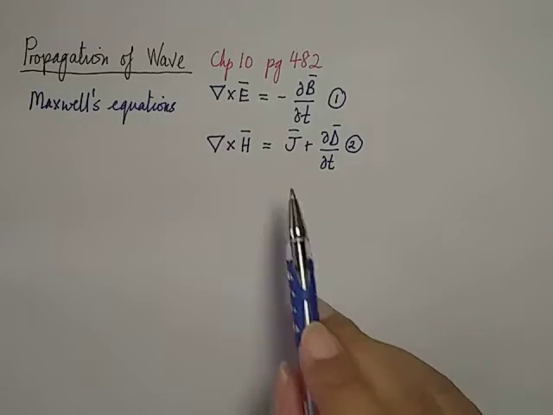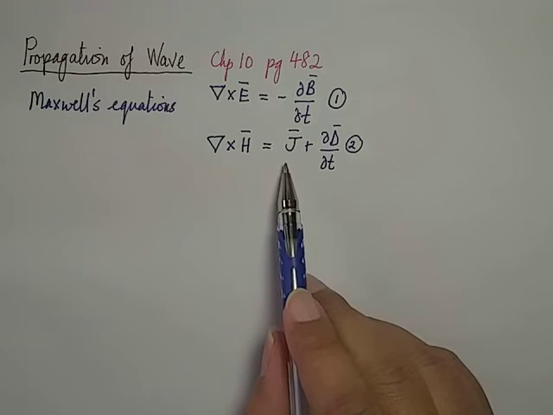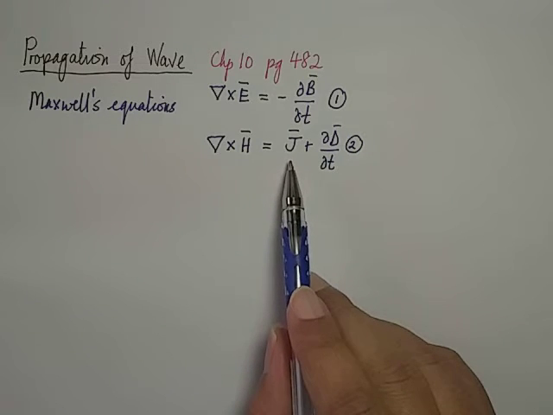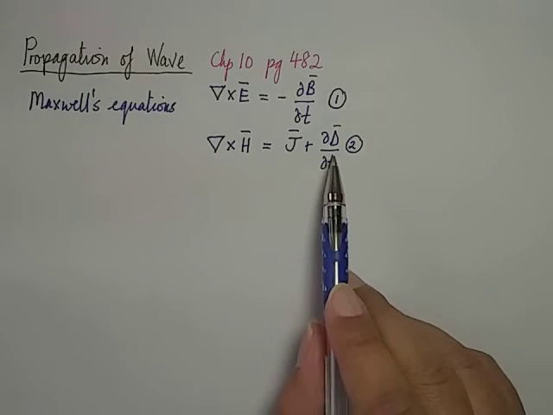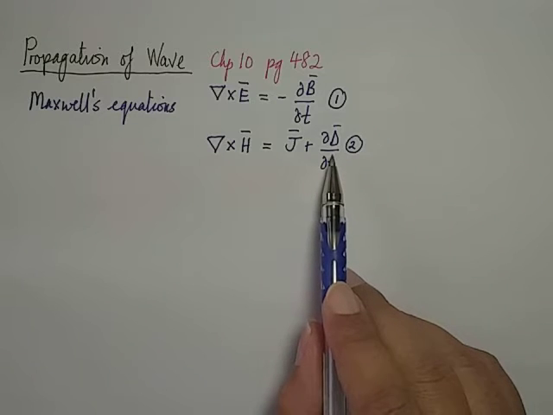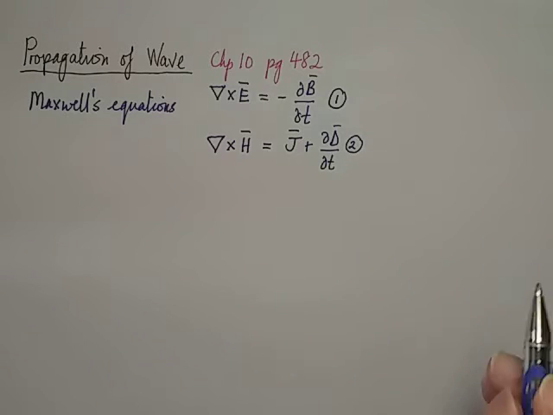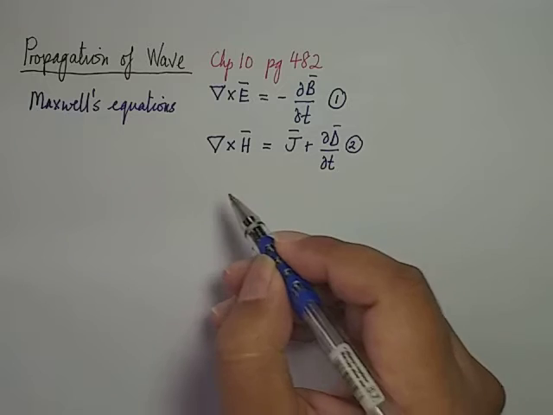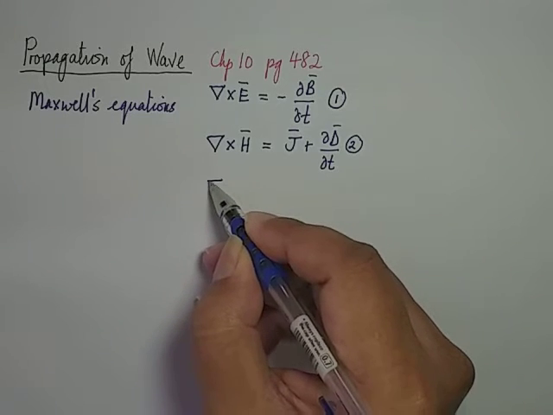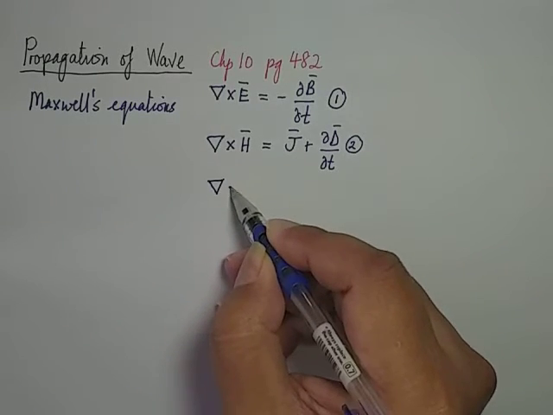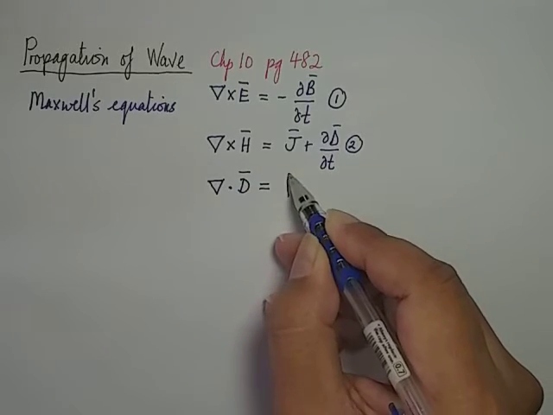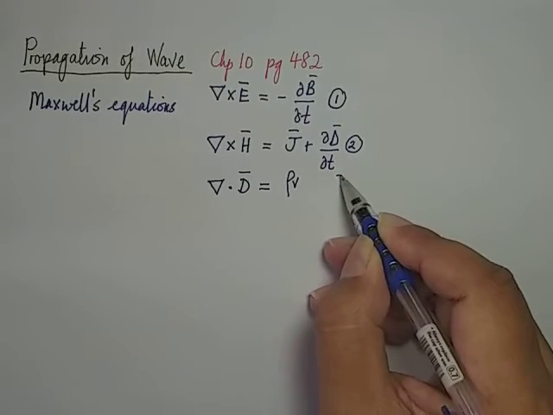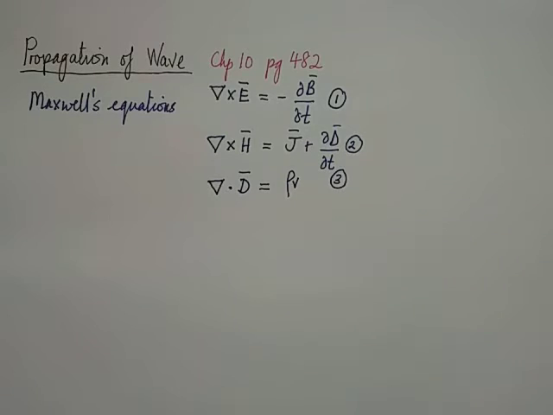And we know that the J here has a different meaning. The first term on the right hand side, J, is known as conduction current density, whereas the second term is known as displacement current density. The third Maxwell equation we denote as divergence of D equals rho V, equation number 3.